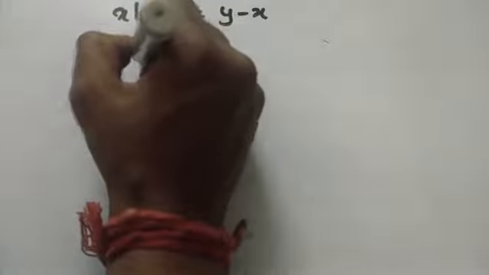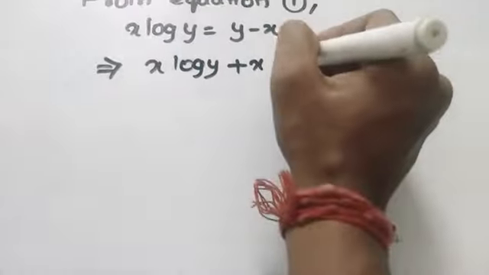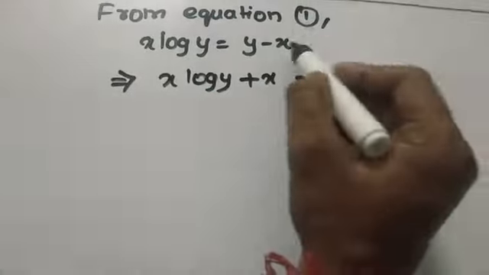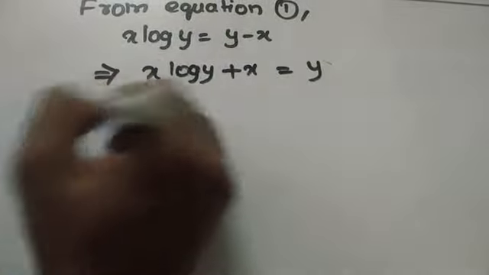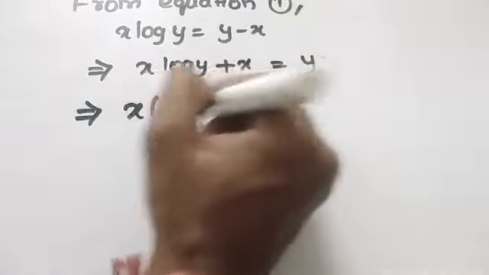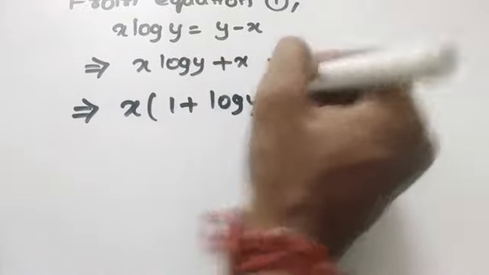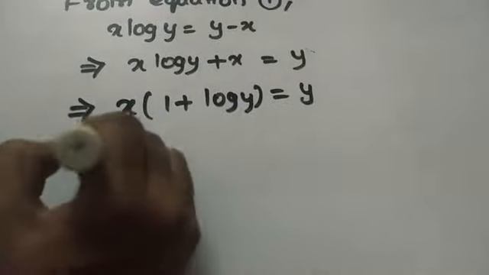First of all, take all the x terms to one side: x log y plus x equals y, taking the minus x to this side. Now taking x common, x times (1 plus log y) equals y.